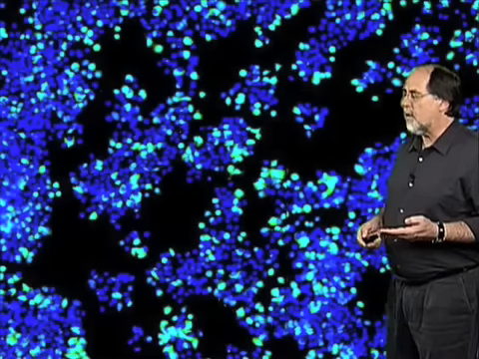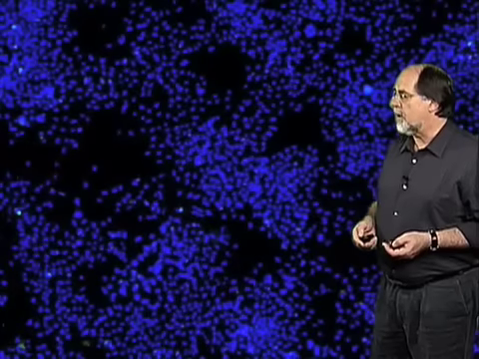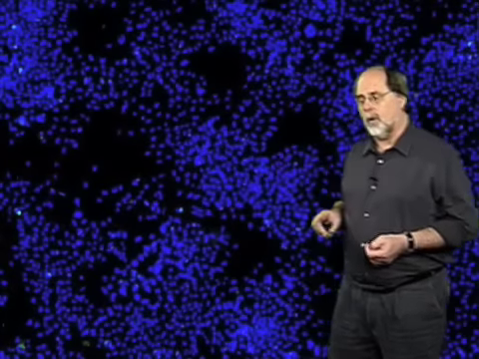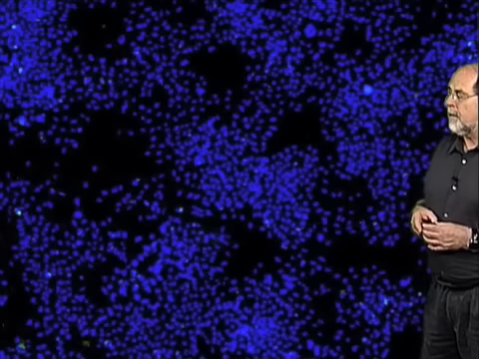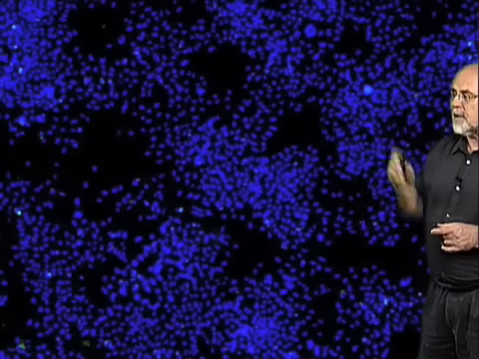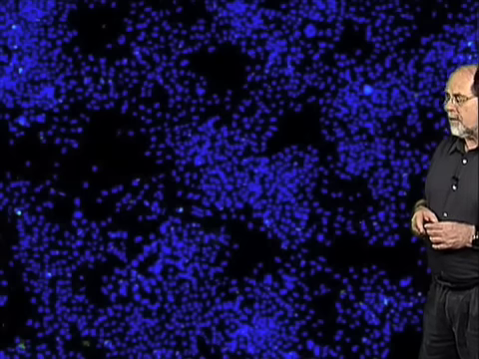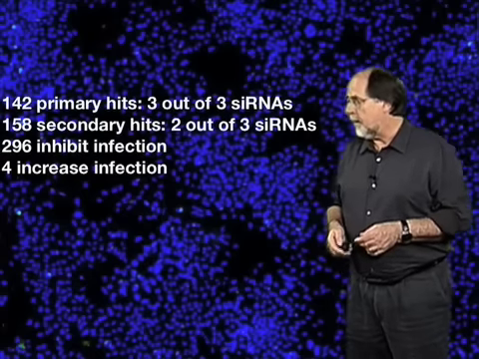In many cases, the good hits, the strong hits, look like this. You can still see a few infected cells, but most of the cells are no longer infected in cells transfected with this particular siRNA. In this particular case, we have silenced the kinase called PAK1. I'll come back to that in a moment.